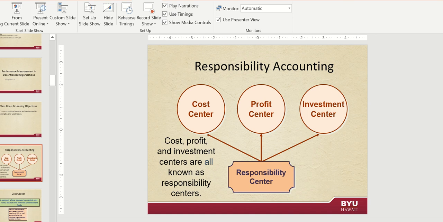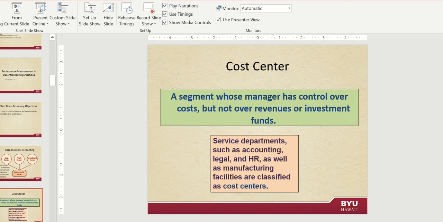Responsibility accounting has responsibility centers: cost centers, profit centers, and investment centers. Each has its role. A segment whose manager has control over costs but not over revenues or investments would be a cost center, like HR, accounting, legal, or manufacturing facilities.